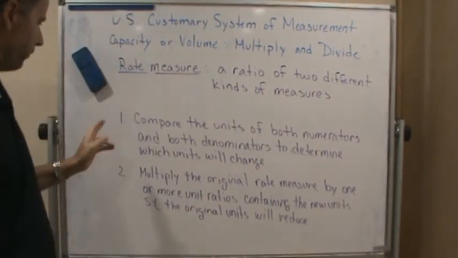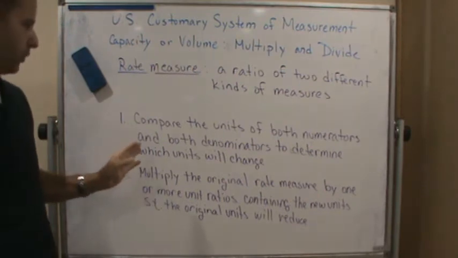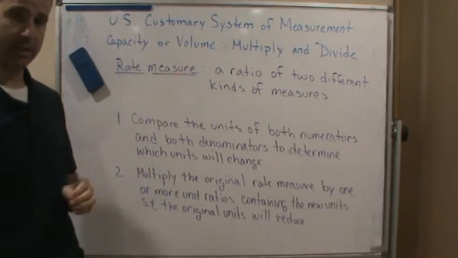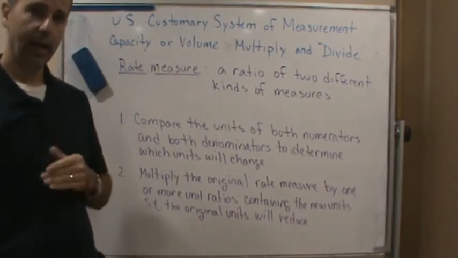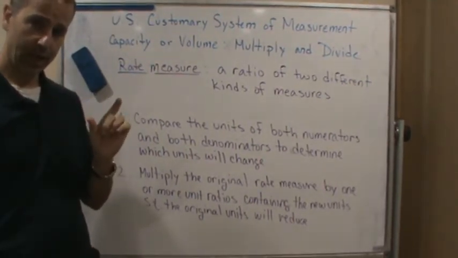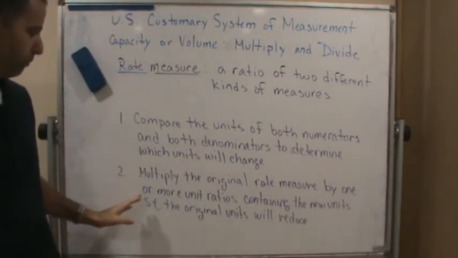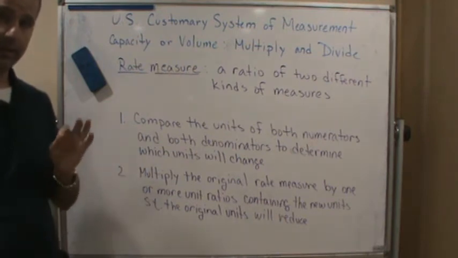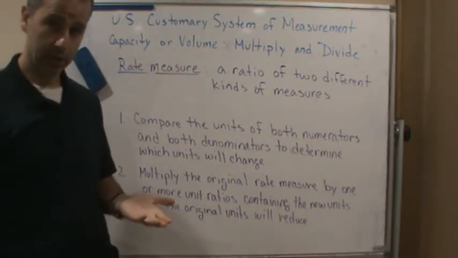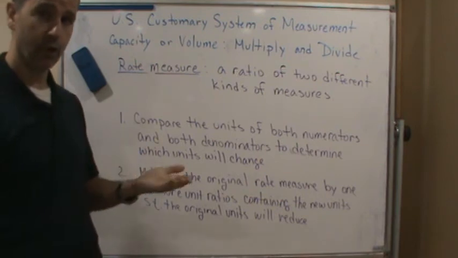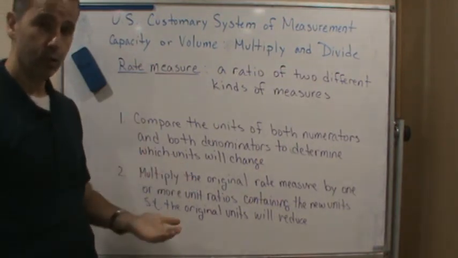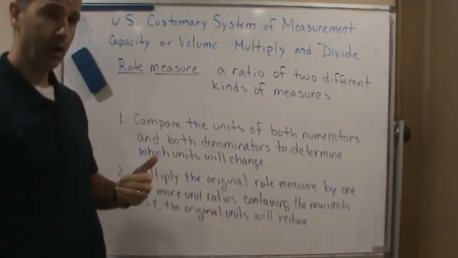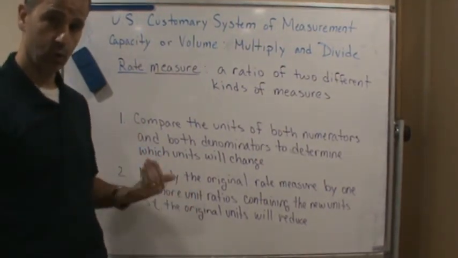Well, first we have to compare the units of both numerators and both denominators to decide what units are going to change. And then once we know which units are going to change, we are going to multiply the original rate measure by one or more unit ratios involving those new units that we're going to change to, and also with the units that are going to reduce.